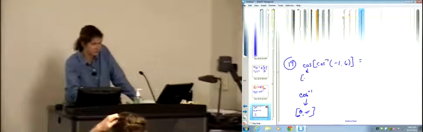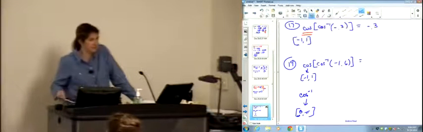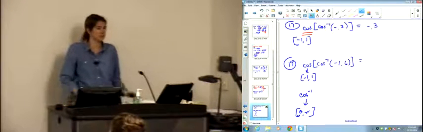If something starts out with the inverse cosine, then we're going to be between 0 and pi, because that's where the inverse cosine is defined. But if it starts out with cosine, we're going to be between -1 and 1.